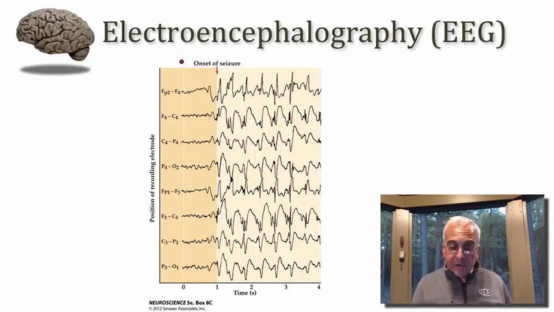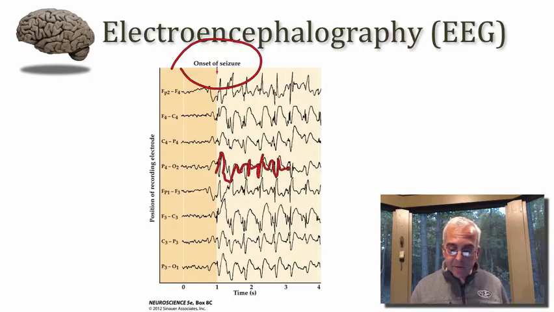And then with the onset of the seizure, we see this massive synchronous discharge, as indicated by these high amplitude, lower frequency waves that emerge in this patient synchronously across the entire brain.